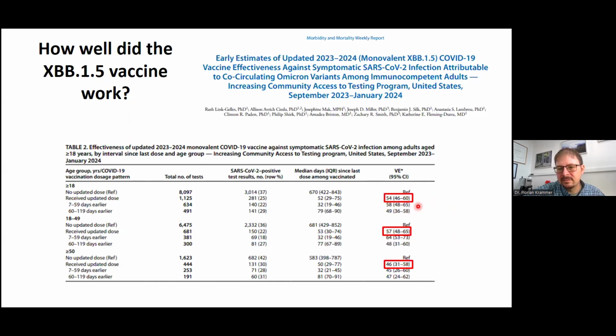And what they see for these updated vaccines is an effectiveness that's somewhere between 45 and I would say 55%, which is actually pretty good. This is vaccine effectiveness. It's not vaccine efficacy, right? So this is very different from what was tested initially when the clinical trials were run, the phase 3 trials, where you have a placebo control group and then your vaccinated group.